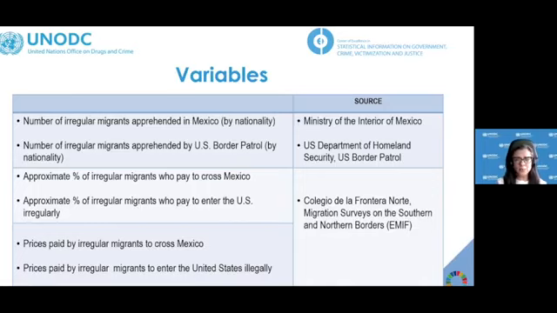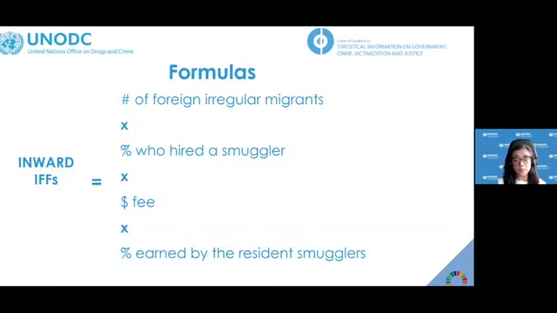The formula that we use to estimate the inward illicit financial flows associated to smuggling of migrants was the number of foreign irregular migrants multiplied by the percentage of those who hired a smuggler, by the fee that they pay, by the percentage of the fee earned by the resident smugglers. And again, we have this element of understanding the inward illicit financial flows as the flows that are issued by a non-resident and received by a resident.